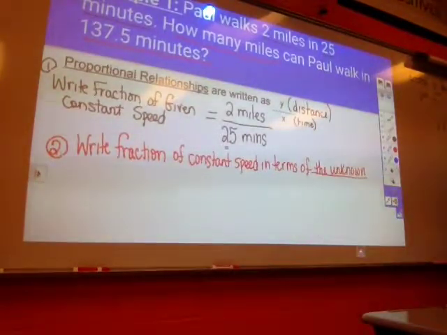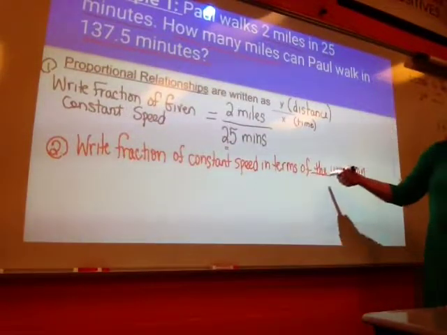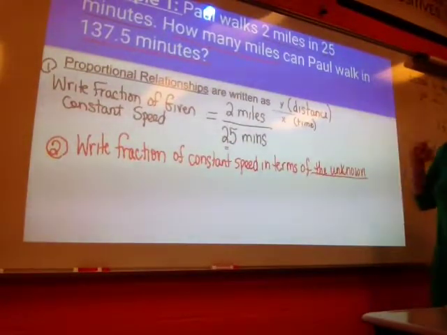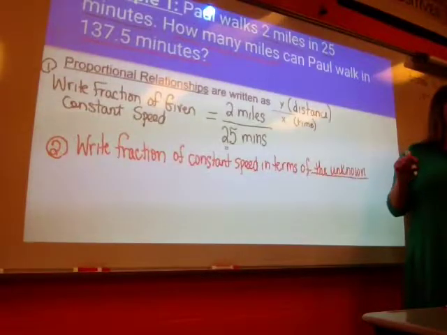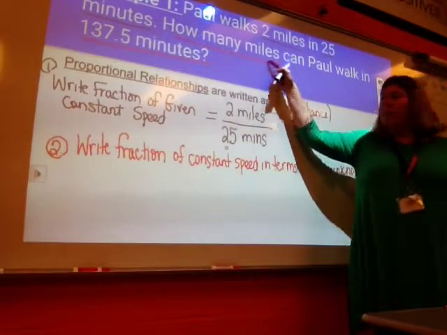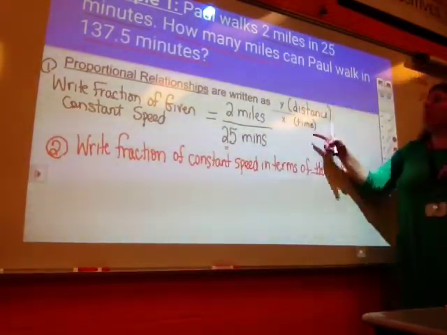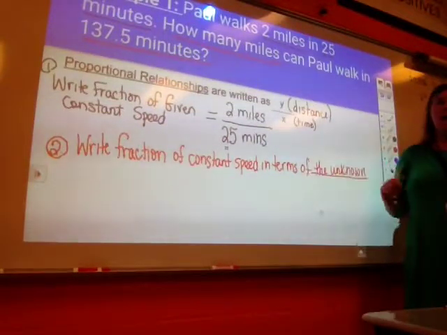So what it is, we don't know. Okay, so we're going to write a fraction of constant speed in terms of the unknown. Well, in this case, what's our unknown? How many miles?